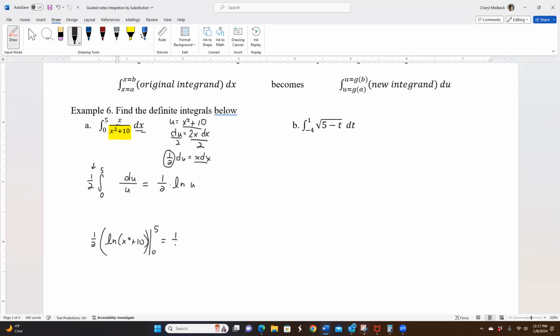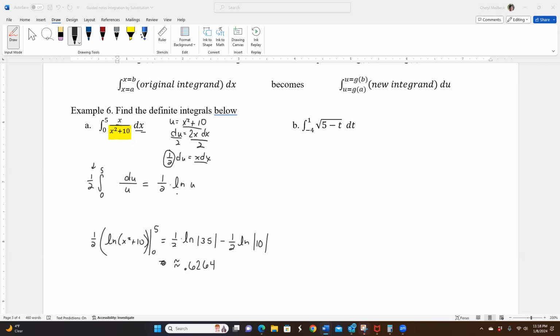So we'll have 1/2 times the natural log of x squared, which is 5 squared, so that would be 25 plus 10, or 35. Then minus 1/2 times the natural log of 0 plus 10, which is 10. We can punch that into our calculator and see what we get. Punching that into our calculator, we're going to get about 0.6264.